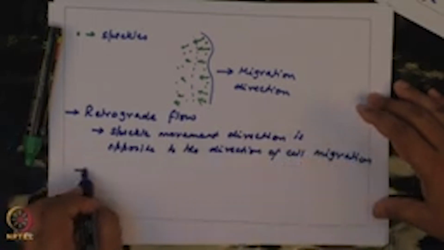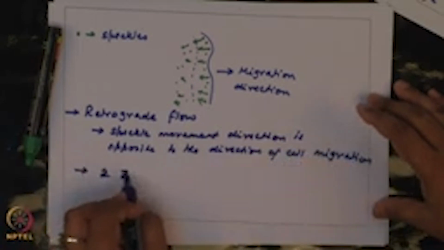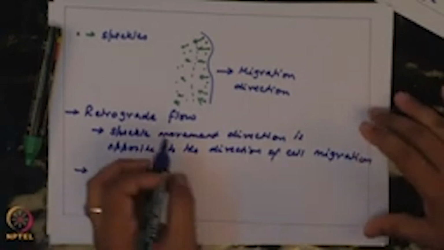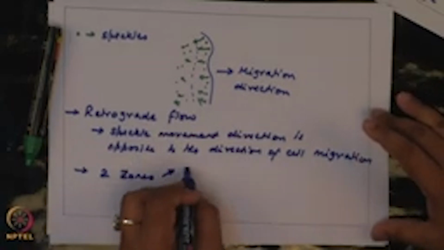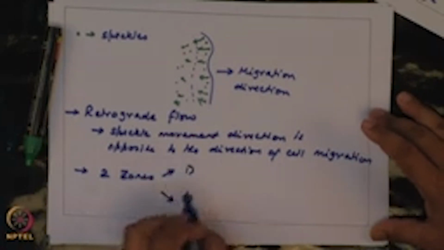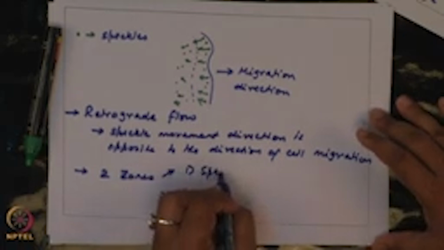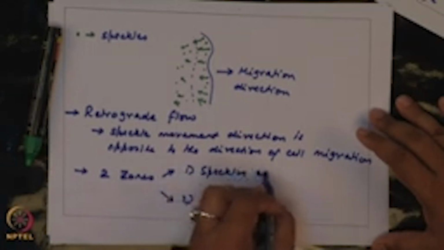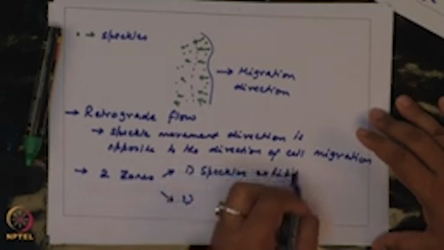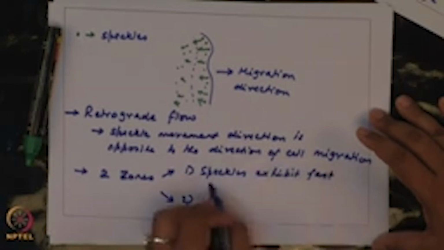But what you have are two zones. You can segregate this entire thing into two distinct regions of retrograde flow. In one zone, speckles exhibit fast retrograde flow.